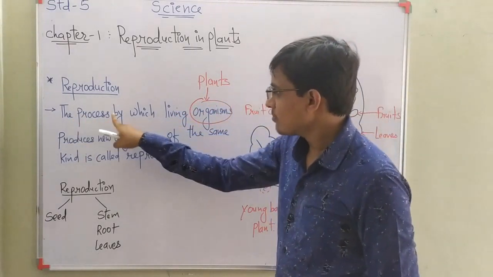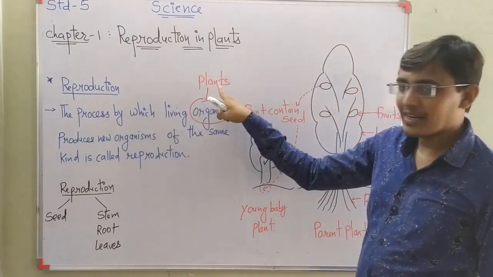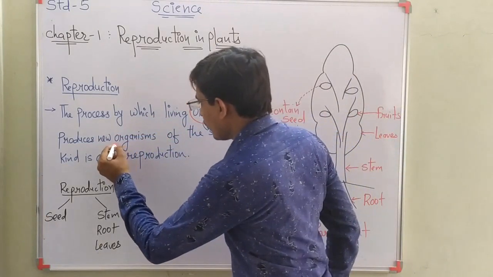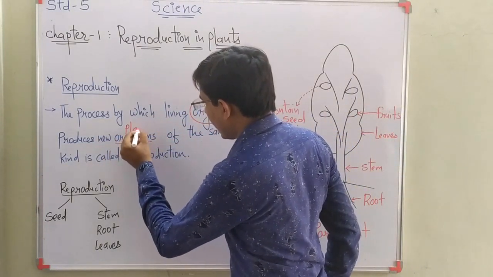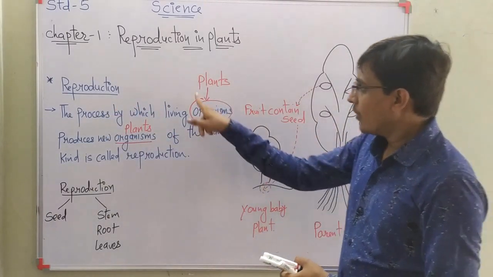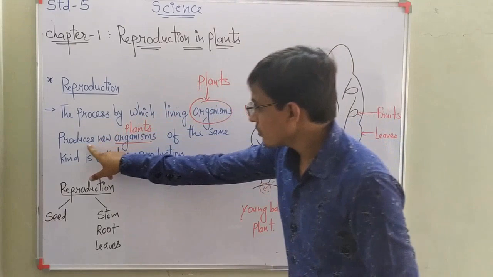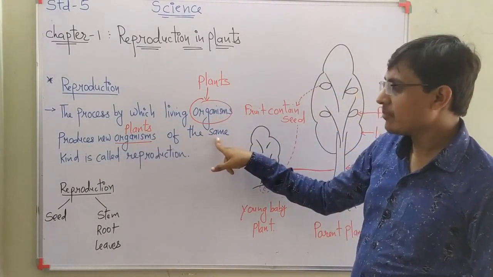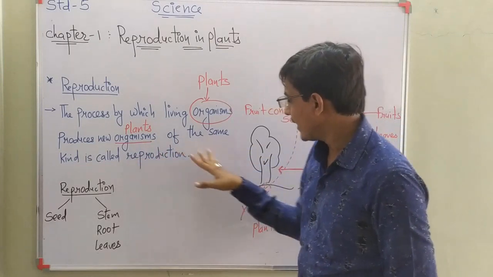So the process by which living organisms produce a new organism. Here also organism means plants. So what is the meaning of that? One plant produces a new plant of the same kind. It is called reproduction.